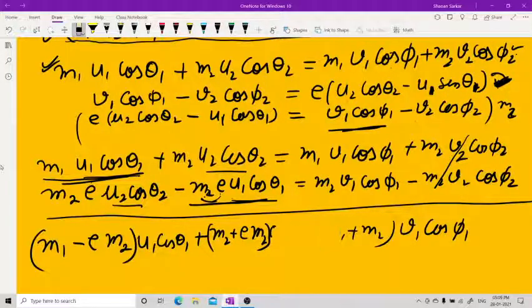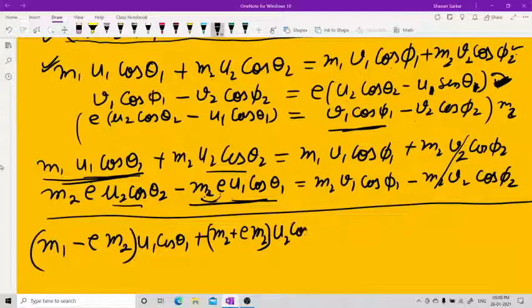Let me rub this portion. I need space here. This will come out to be u2 cos theta 2. So this is going to come out (m1 plus m2) v1 cos phi 1.